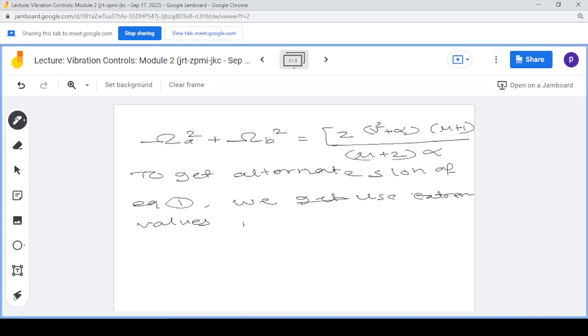What are the extreme values that n2 omega can have? One will be n2 equals 0, and another is n2 omega tends to infinity, right?